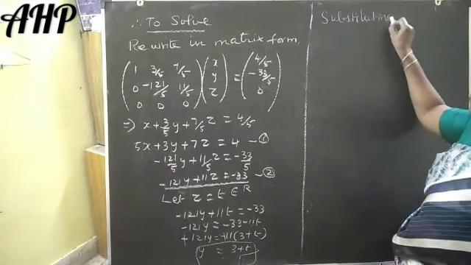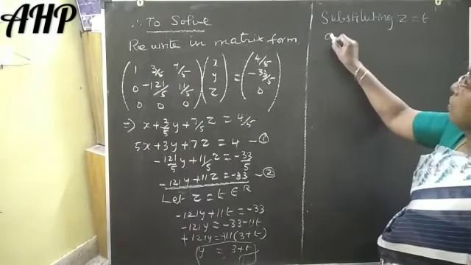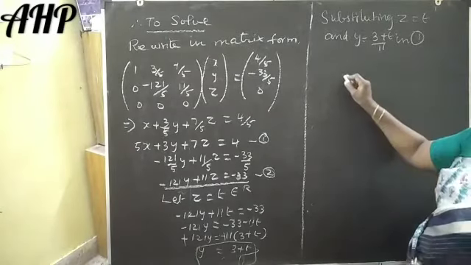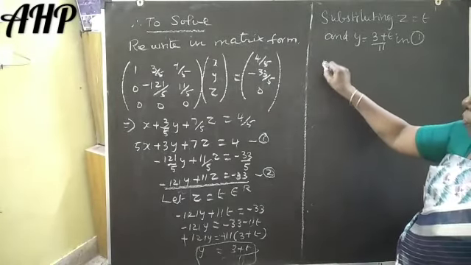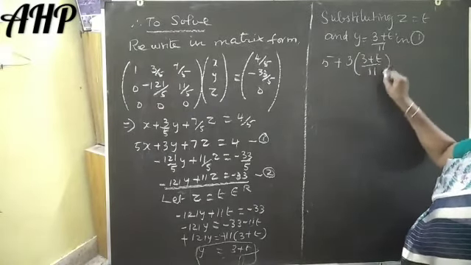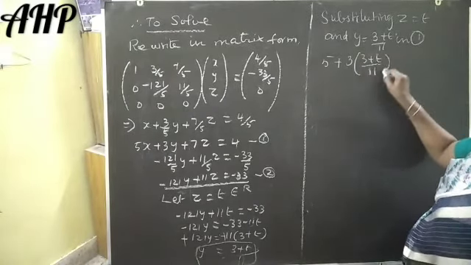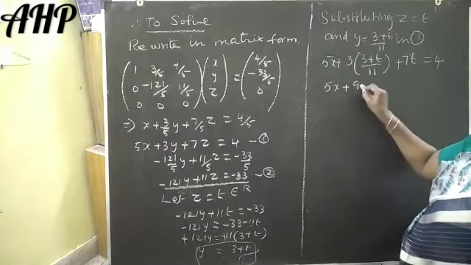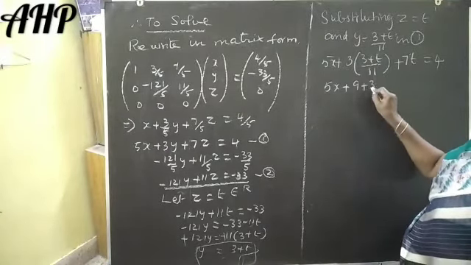Substituting z is equal to t and y is equal to 3 plus t by 11 in 1, we get 5x plus 3 into 3 plus t divided by 11 plus 7t is equal to 4. Therefore 5x plus 9 plus 3t divided by 11 plus 7t is equal to 4.